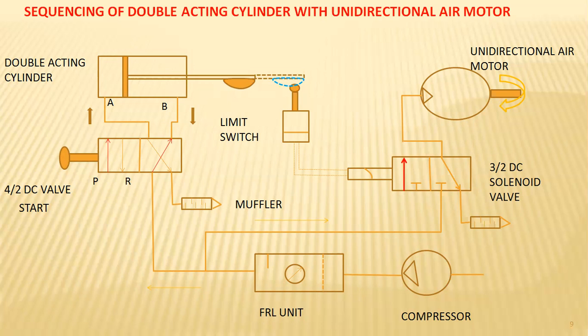push button system for activating the DCV, in the sense passage of this compressed air is being let into certain ports to commence the extension stroke, and simultaneously the return stroke, that is extension of the piston and contraction of the piston.